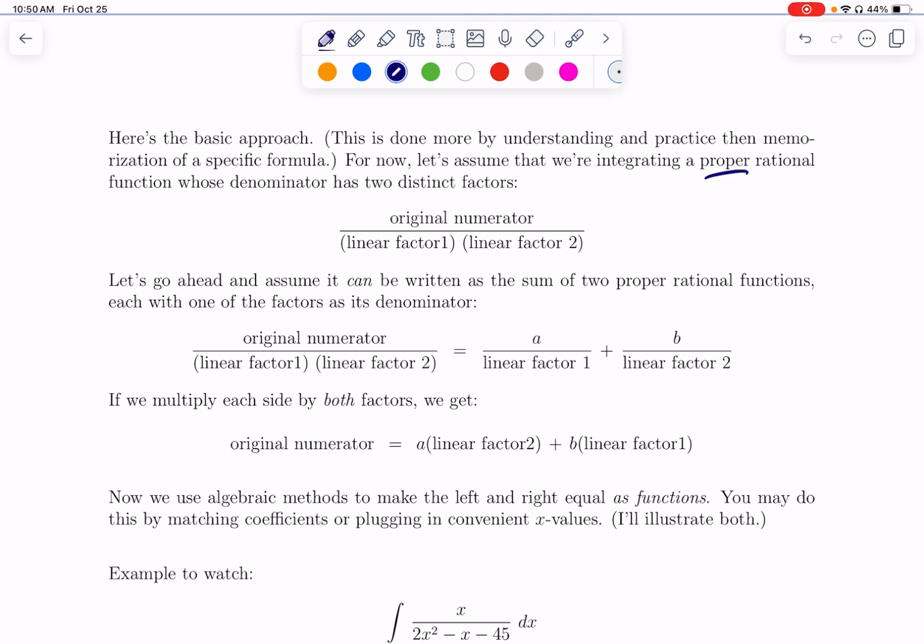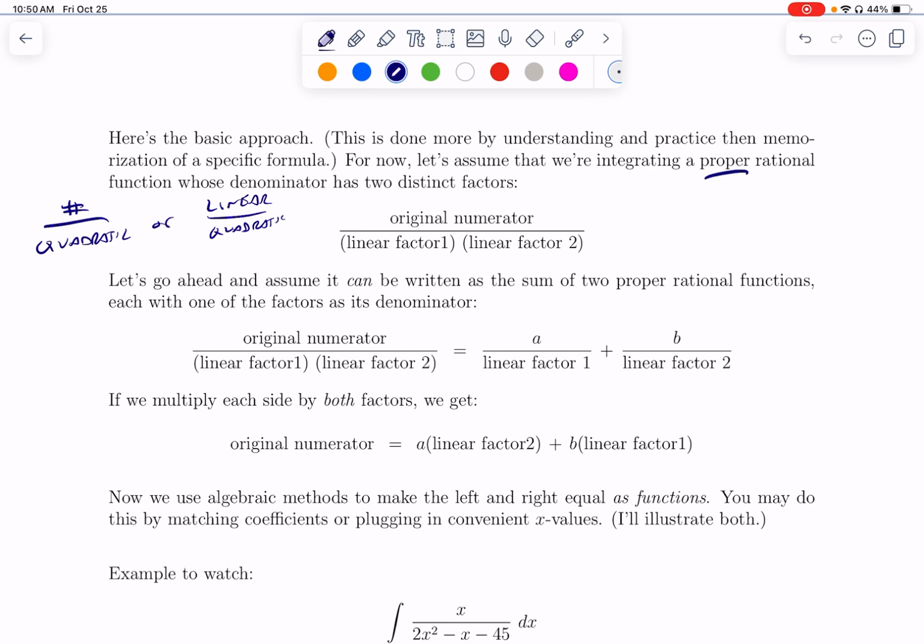So the idea is either it's number over a quadratic that factors, or it's going to be something linear, degree 1 over a quadratic that factors. Right? But it needs to be of that form. The numerator needs to be simpler than the denominator. We'll talk about how to handle cases where that's not the case later on.